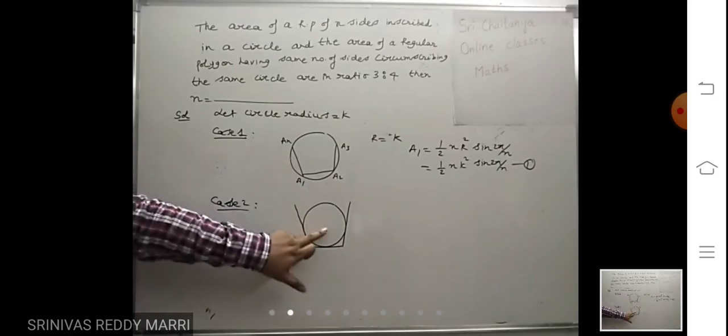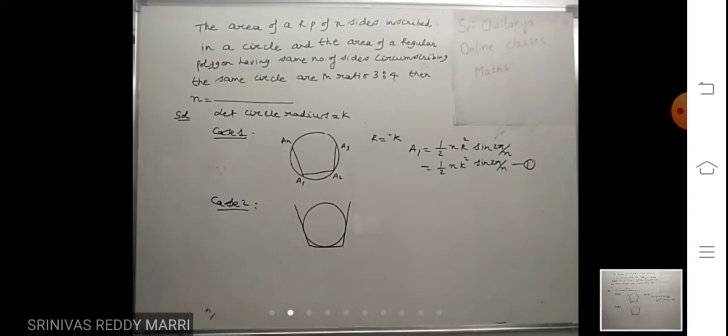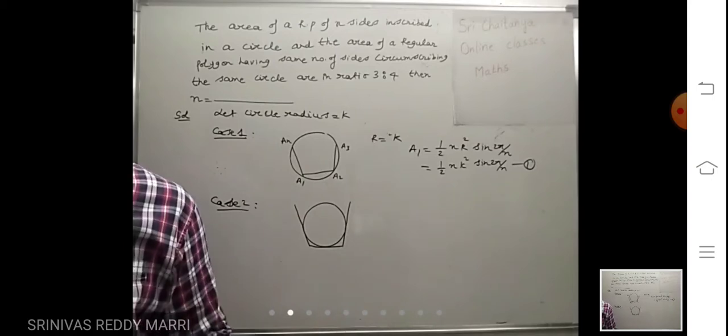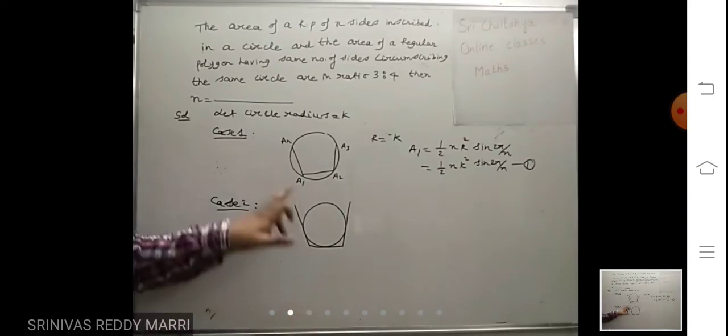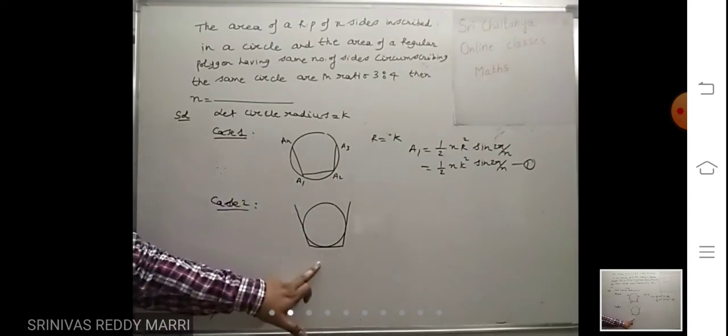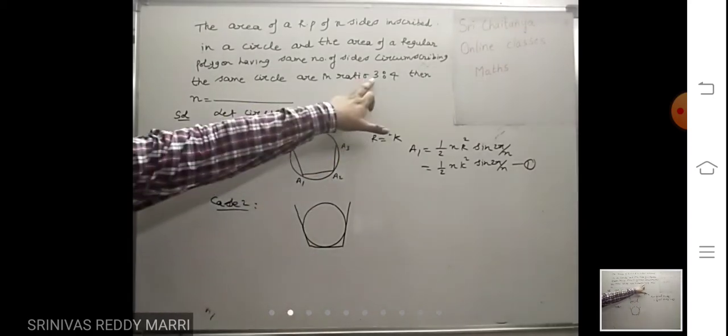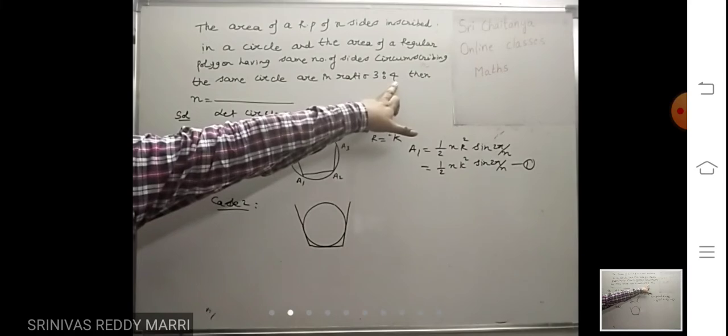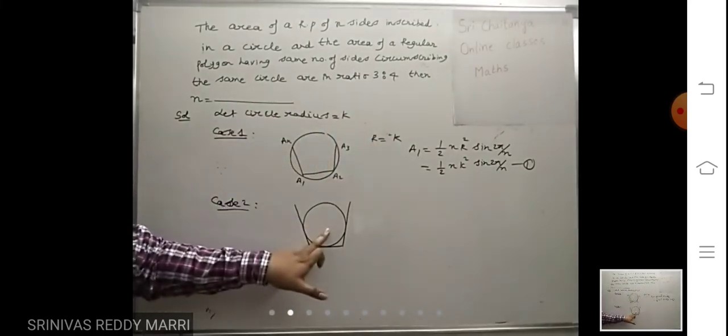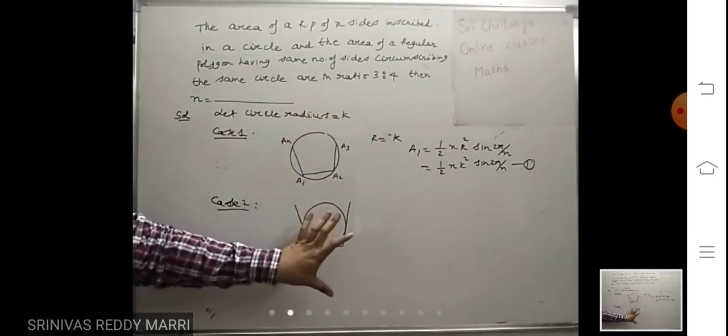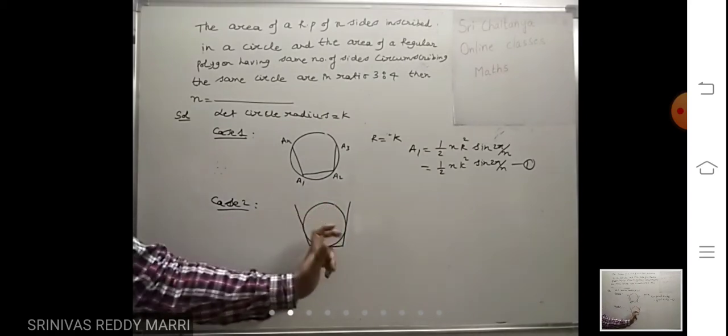This polygon and this polygon are not identical. They would be identical only if they had the same number of sides and the same side length. Here the number of sides is the same, but the length of the side will vary.